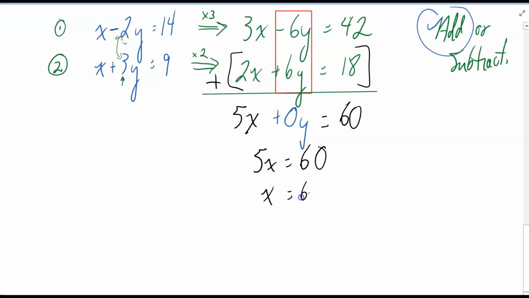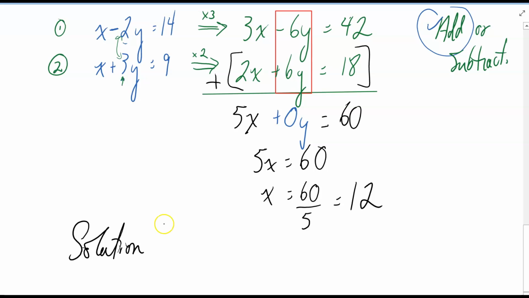X equals 60 over 5, which is equal to 12. So the solution is in the form of an xy point, a coordinate, an ordered pair. The solution is 12, and for the y, I believe we got minus 1.